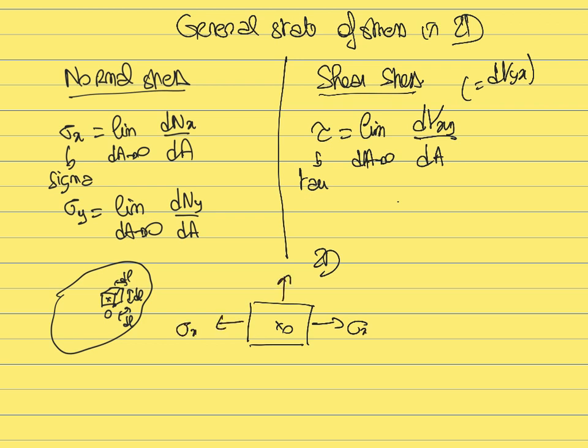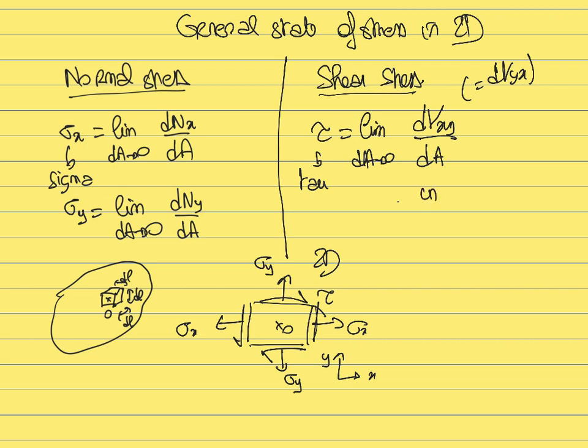You need to calculate the value of sigma y, the normal stress along the y-axis, and you need to calculate the value of tau, where tau here is only one shear stress, independently of whether it is applied on the x or on the y-axis.